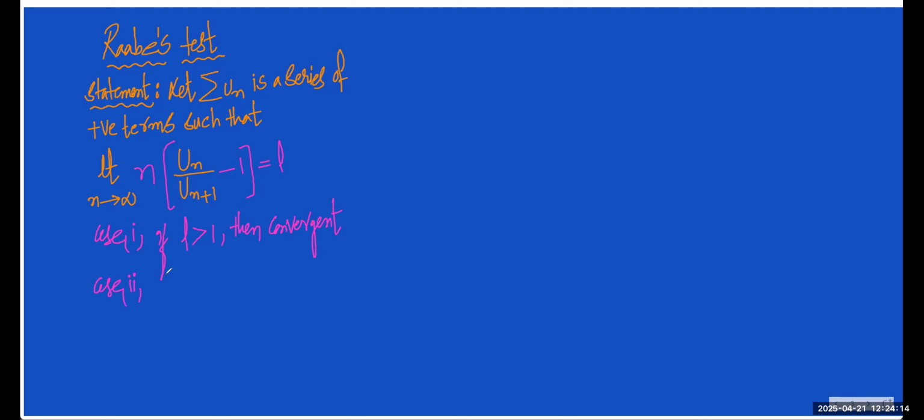If L is less than 1, then it diverges. But case number 3 does not arise here, though it is there in the statement. Let me write it, because it is not a repeat. It is not possible in that case. We can immediately decide with the help of the first and second statements.